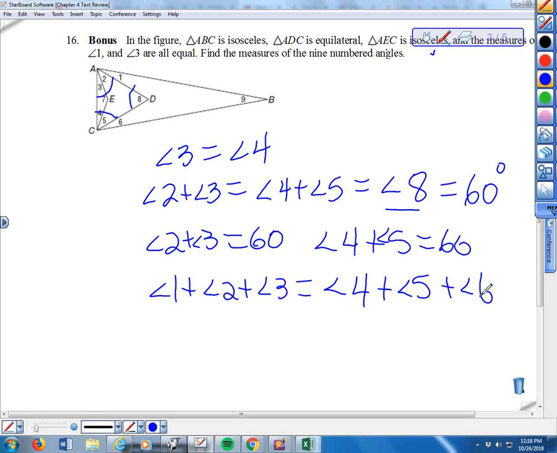So what does that tell me about angle 3 and angle 6? If 2 plus 3 equals 4 plus 5, don't 1 and 6 have to be equal? So I know angle 1 equals angle 6. What else?